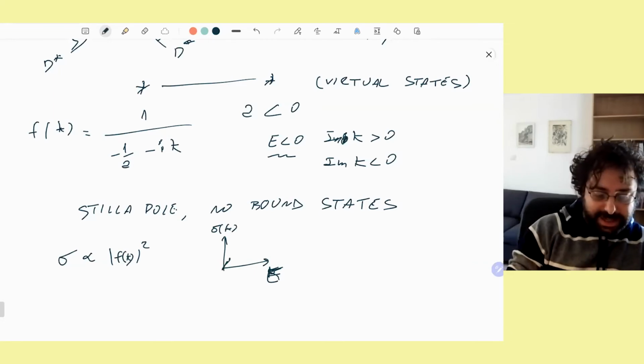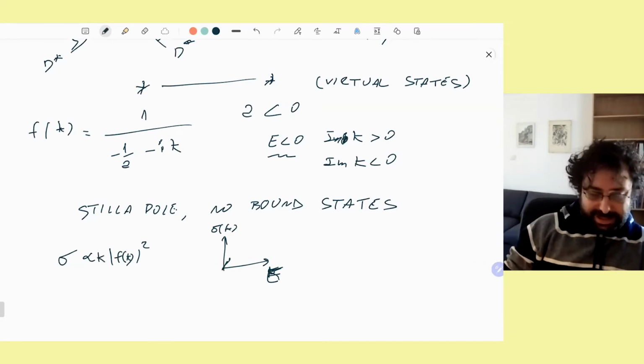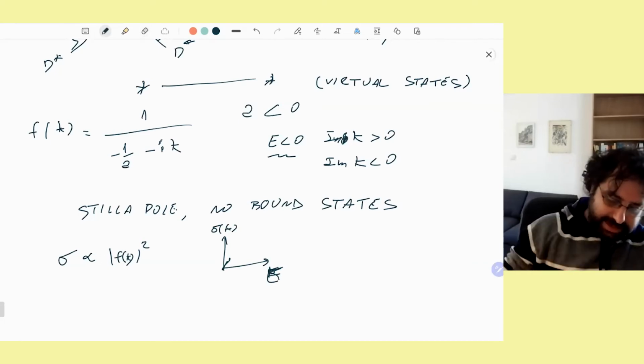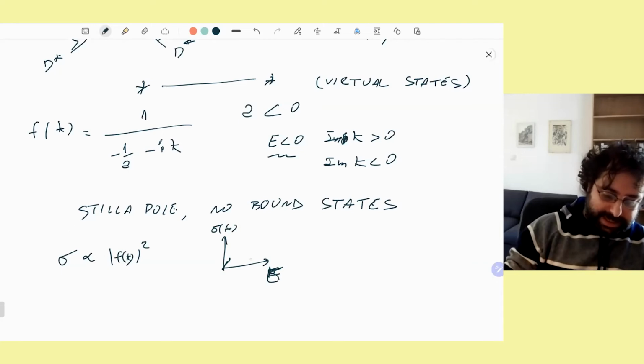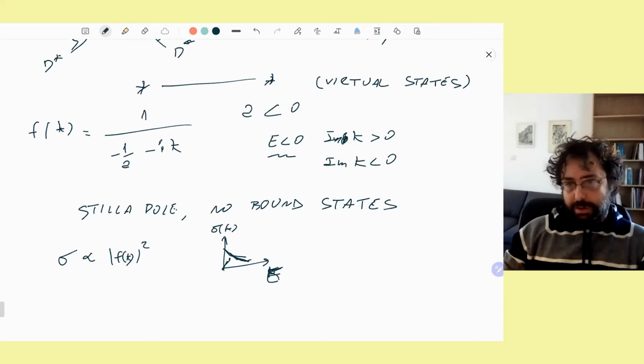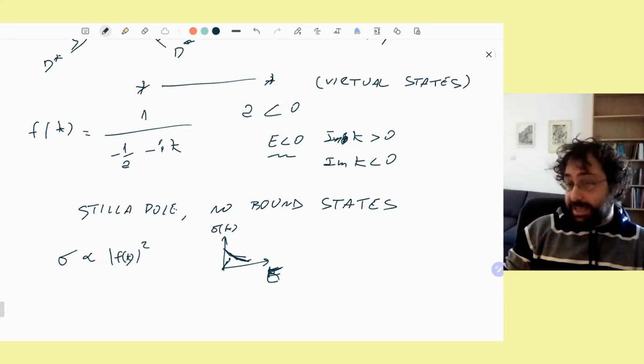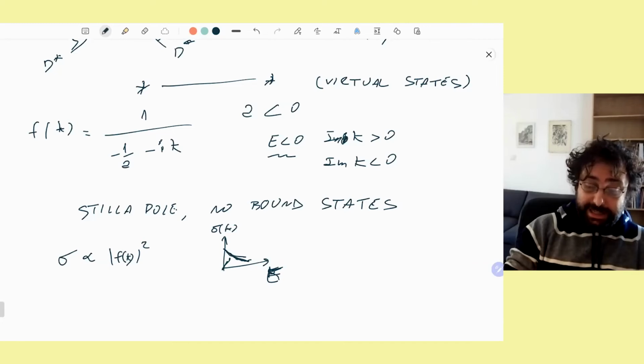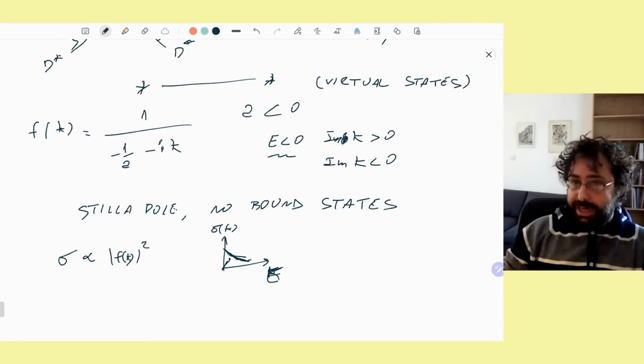The phase space is basically, well, this is elastic scattering, so that's not actually true. What you can see is that there is an increase of the cross-section going close to threshold, and that would be true regardless of whether this pole corresponds to a bound state or not.